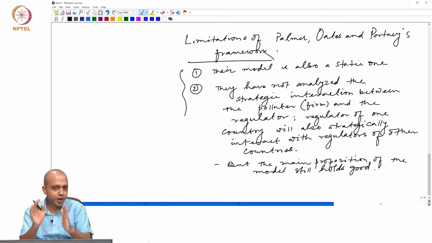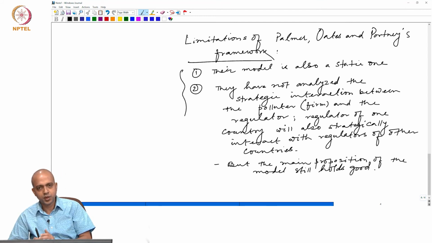So, that means what we have discussed so far. First we discussed Porter's argument, then we discussed Palmer, Oates and Portney's argument to challenge Porter's.